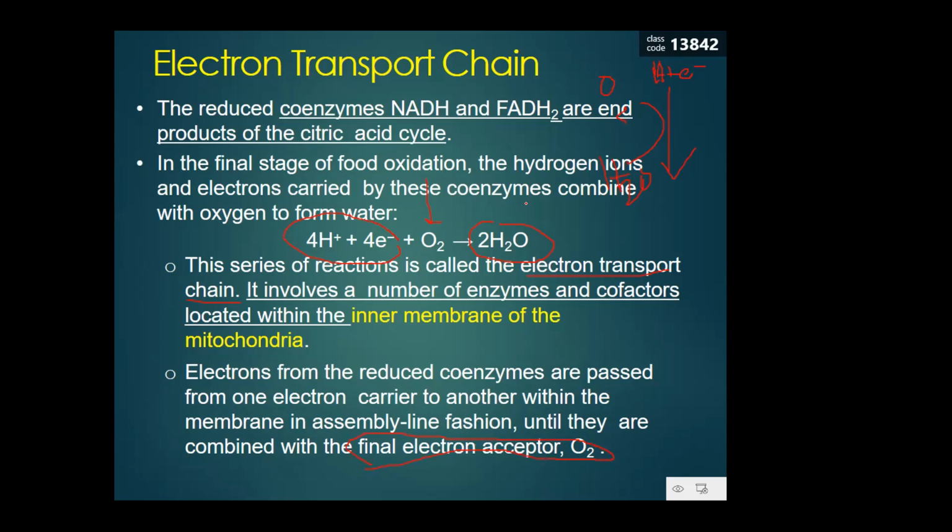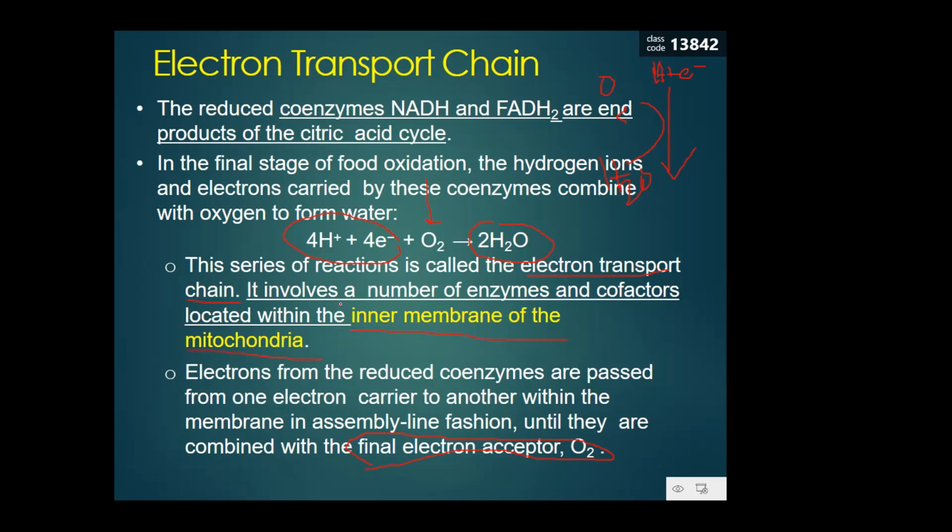Okay? So saan nangyayari ang electron transport chain? Saan na nga? Kung yung ating citric acid cycle nangyayari sa matrix, di ba? Saan nangyayari yung electron transport chain saka oxidative phosphorylation? Last week, diniscuss natin yan. Saang part ng mitochondria nag-a-occur ito? Dito kasi sabi lang ay inner membrane of the mitochondria.